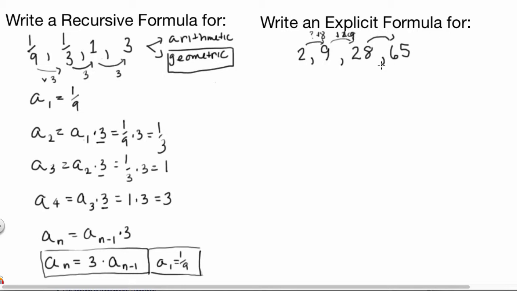Anyway, 19 is 28, and then 28. Yeah, that should be 37. Either way, even though my numbers there were wrong, we can tell that this is not an arithmetic sequence, and it doesn't even look like a geometric sequence, because it doesn't seem to share a common multiple.